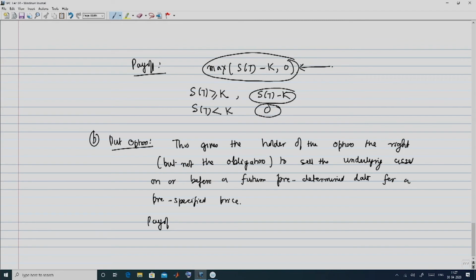And in this case, the payoff is going to be maximum of k minus st comma 0.